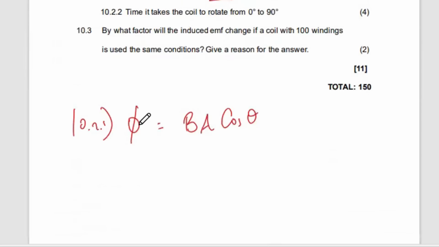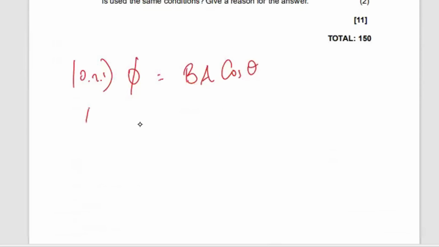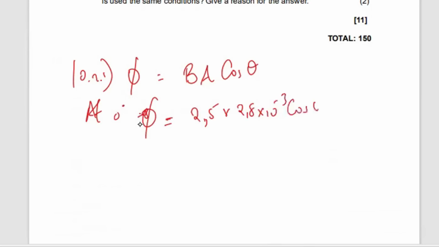If I look at 0, my flux is going to be B, which is 2,5, the magnetic field, the area, which was 2,8 times 10 to the negative 3, multiplied by the cos of 0. This gives me 7 times 10 to the negative 3 Weber.